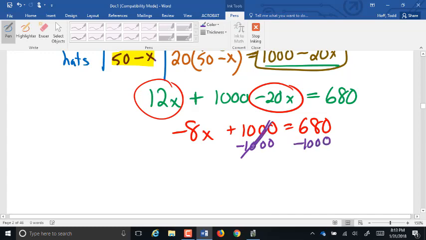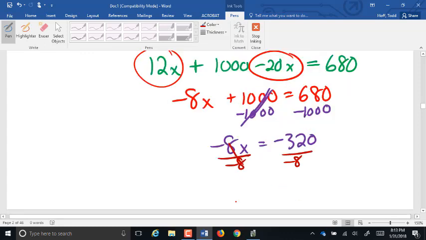That 1,000 is gone, leaving us with negative 8X. 680 minus 1,000 is a negative 320. And then divide by negative 8. X equals negative 320 divided by negative 8. 40. Negative divided by negative is a positive, so it is 40.